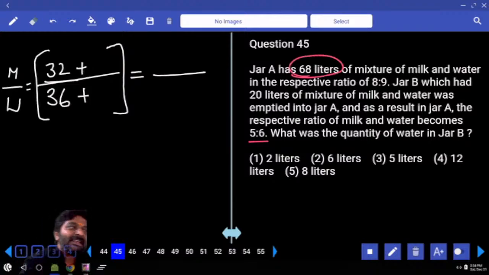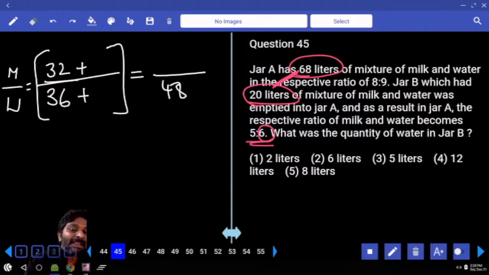A has 68 liters. B has 20 liters. Both together has 88 liters. That 88 should be divided in the ratio 5:6. 88 is divided into 11 parts. Each part. Water is equal to 6 parts. 6 into 8.